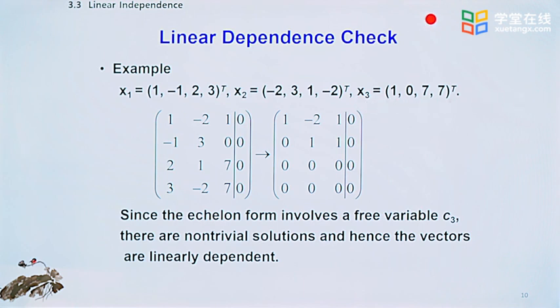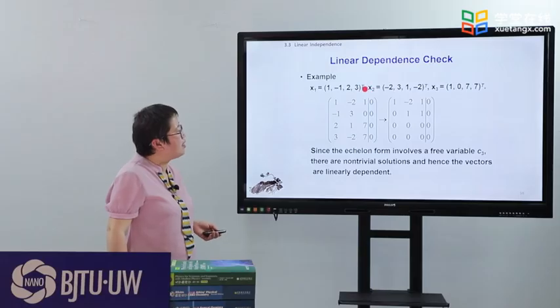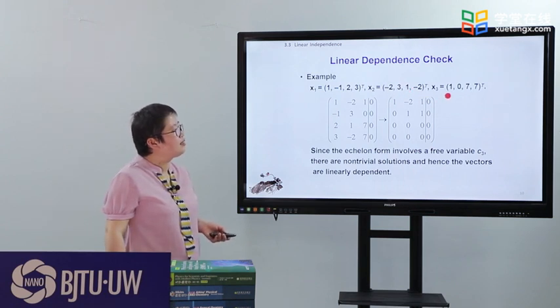And this linear system you can write as a matrix: the first column is 1, -1, 2, 3, the second column is -2, 3, 1, -2, the third column is 1, 0, 7, 7, times the unknown vector C1, C2, C3, equals 0, 0, 0, 0, right?